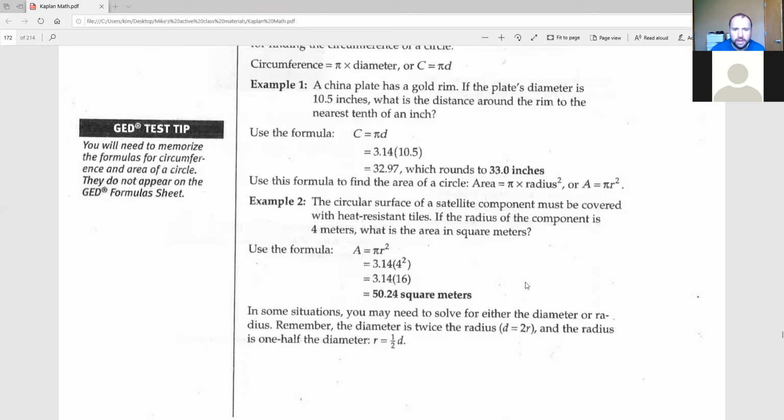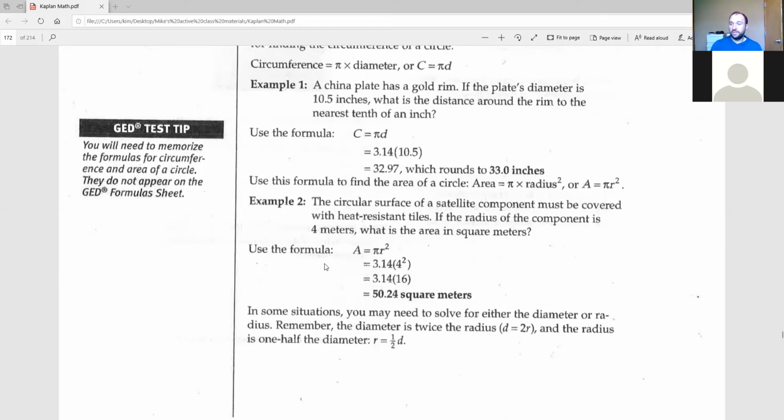And so here, again, we're going to use 3.14, and we're going to multiply that times the radius squared. 4 squared is 16. 16 times 3.14 comes out to 50.24 square meters. Okay? So hopefully that's somewhat straightforward.